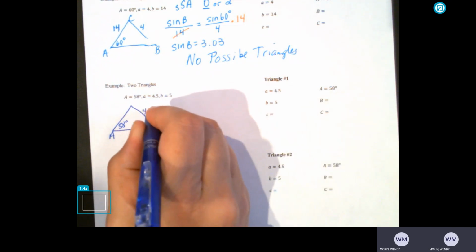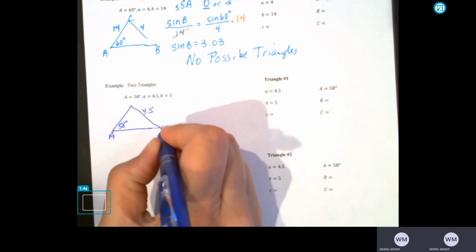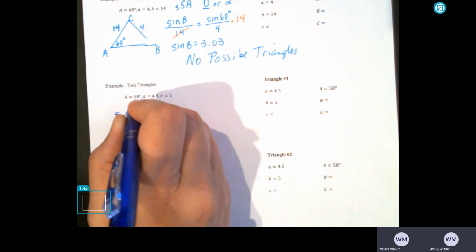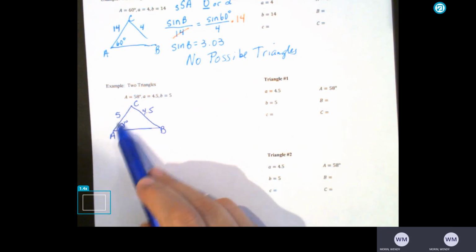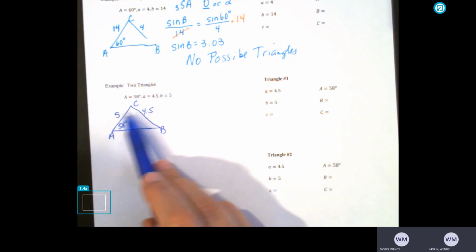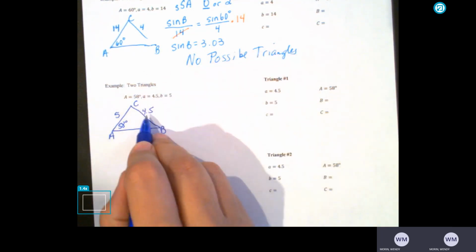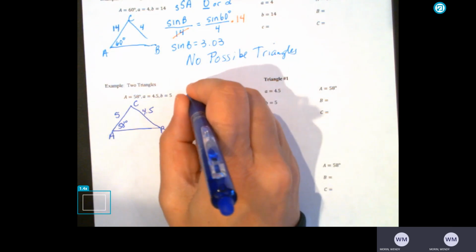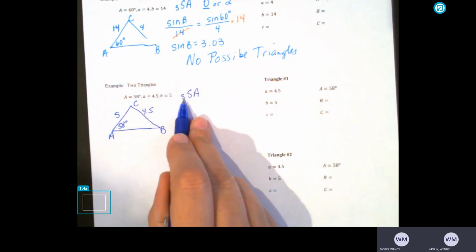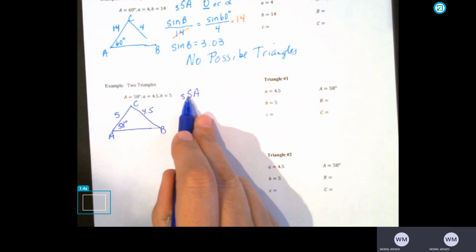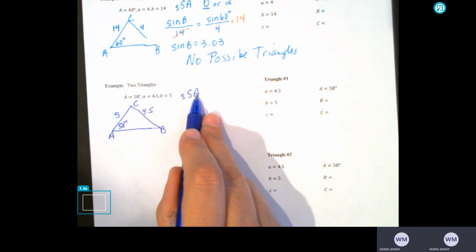Side A is 4.5. Angle B, side B, angle C. So you see this one is a little bit smaller. This one's closer in size, but the given information is still small side, big side, angle. So that technically is the ambiguous case. Small side, big side, angle.